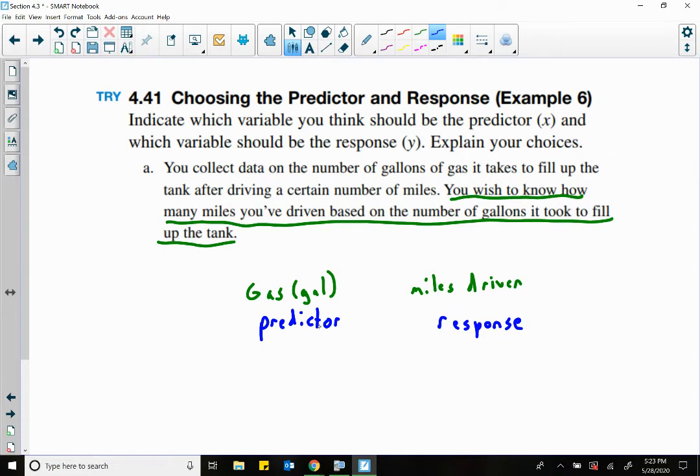So, knowing the number of gallons you filled in, you can plug it into this equation, and it will tell you how many miles you have driven. The response. That's how I know. Because you're going to be given the gas. And they're going to say, all right, how far have you drove? Okay? There we go. That's all they want in that.